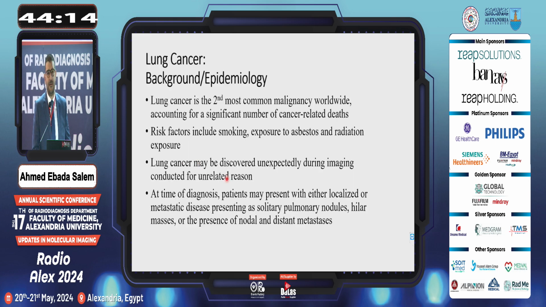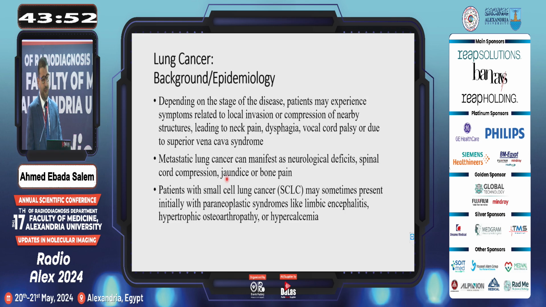So lung cancer is the second most common malignancy worldwide. Risk factors, as we all know, include smoking, asbestos exposure, and radiation. Lung cancers can be discovered accidentally on an imaging workup done for other reasons. A patient may present with either localized disease or metastatic disease, depending on the stage of presentation.